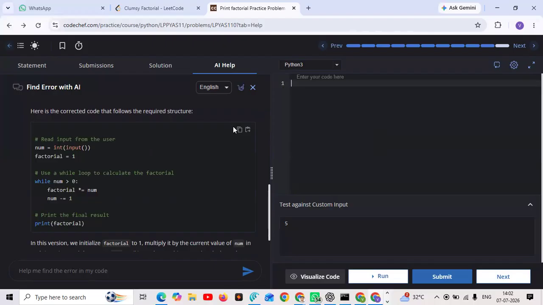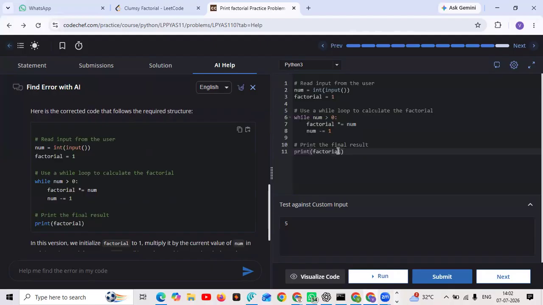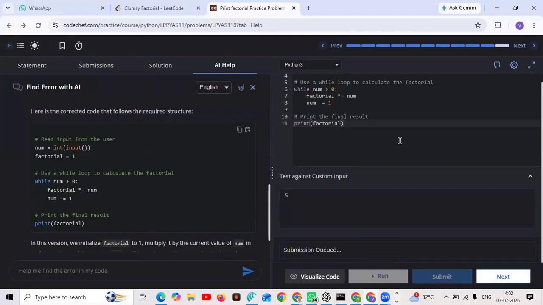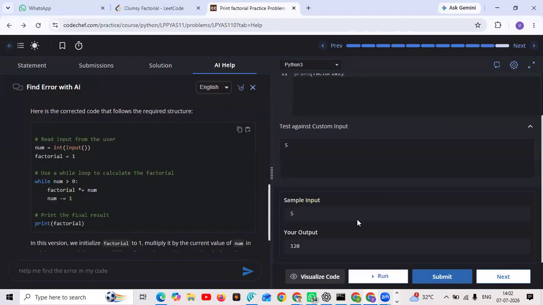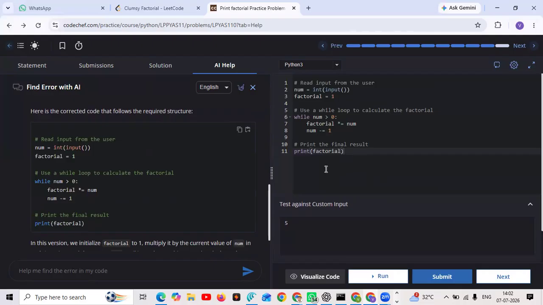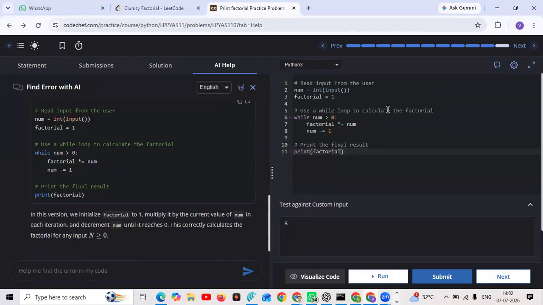Okay. So if I use this code, will it work? It should. Oh, it worked. Actually, it worked because there were some specifications mentioned. You do not have to define a function again and again. I think this is a different platform.